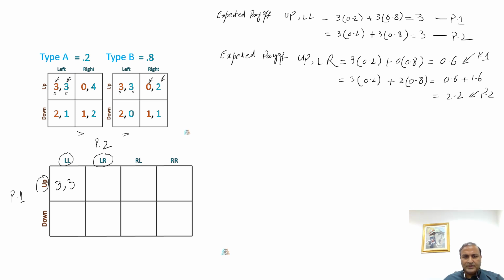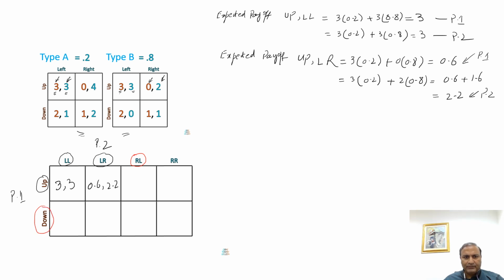So now we can write these numbers here. So it will be 0.6 and 2.2. Let me show you one more, and we can do it for L and down.